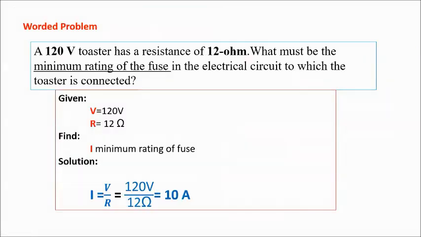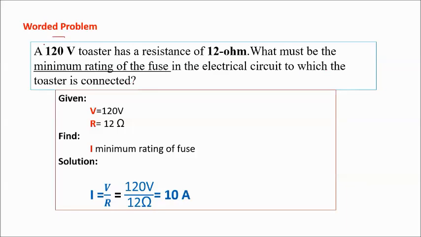Now let us answer a simple problem to illustrate Ohm's law. So 120 volt toaster has a resistance of 12 ohms. So what must be the minimum rating of the fuse in the electrical circuit to which the toaster is connected?